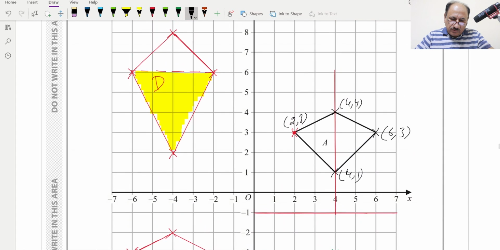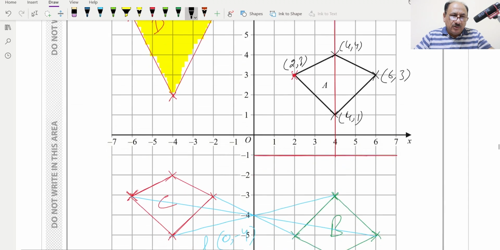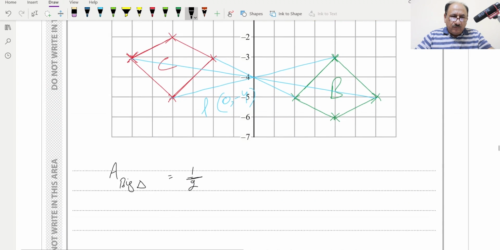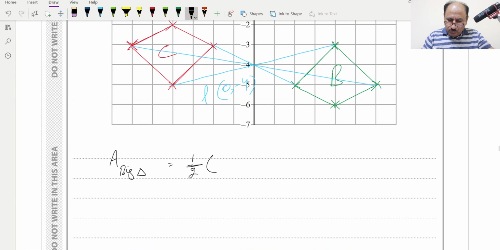And base is what? Base is 1, 2, 3, 4 units, and height is 1, 2, 3, 4 units. So 1/2 into base into height, so this will be 8.